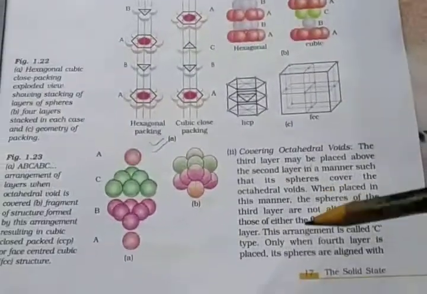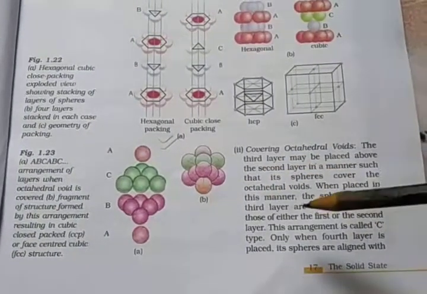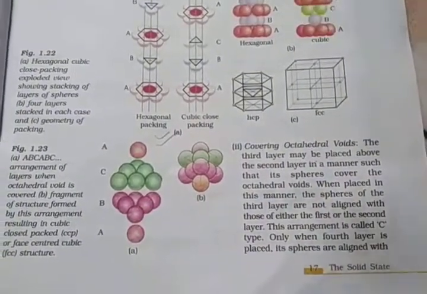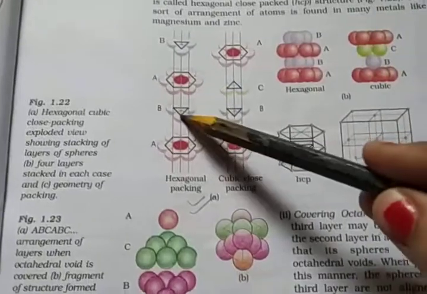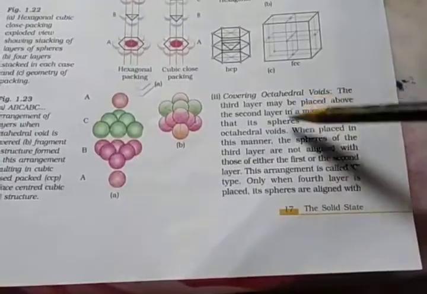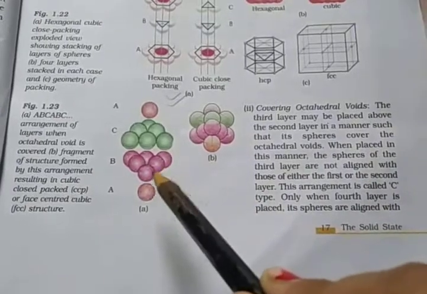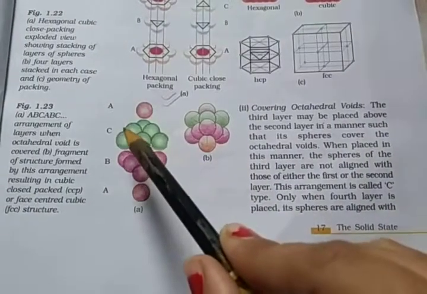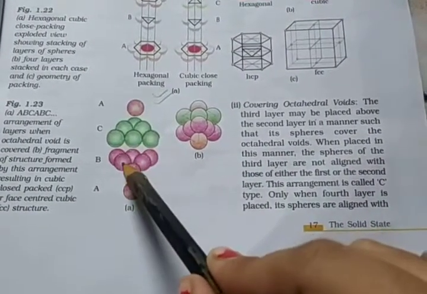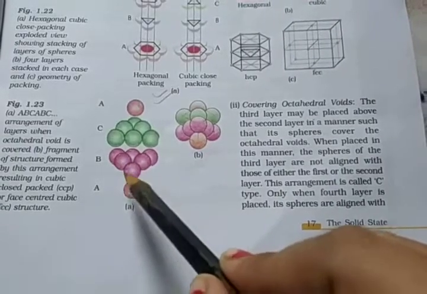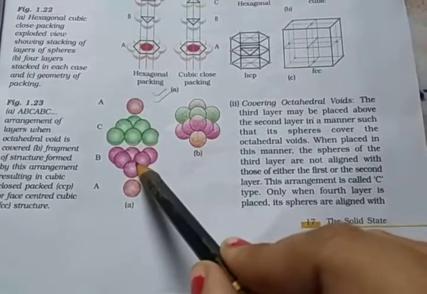Okay, then second one, placing the third layer over the second layer. So first is covering tetrahedral voids, and this one is covering octahedral voids. Covering octahedral voids, that means third layer. See, the third layer may be placed above the second layer in a manner such that its spheres cover the octahedral voids.